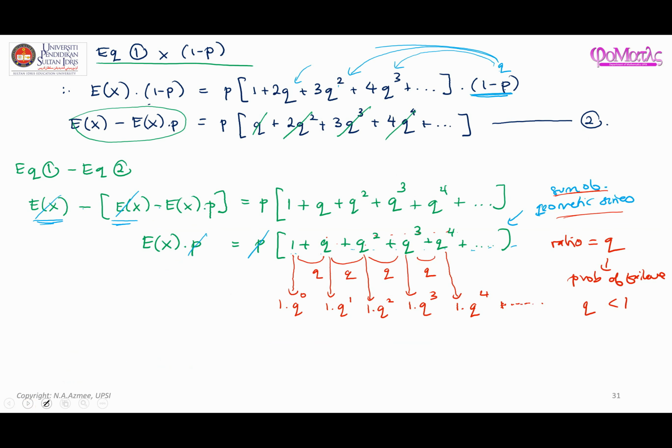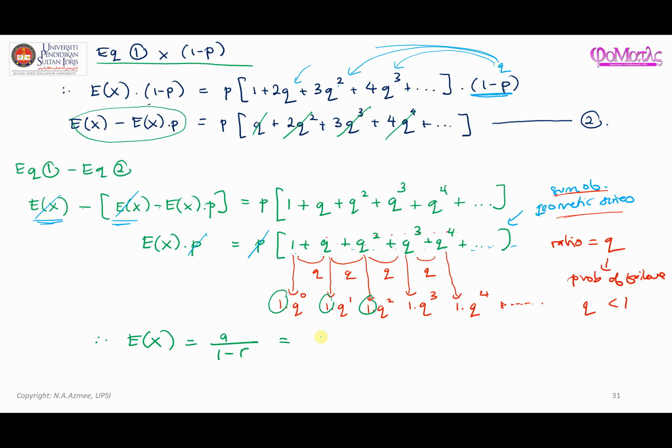All right, therefore, we're going to continue from this. The expected value of x is going to be the result of adding all these geometric series. We just use the formula, which is a over 1 minus r. So what is a? a is 1.